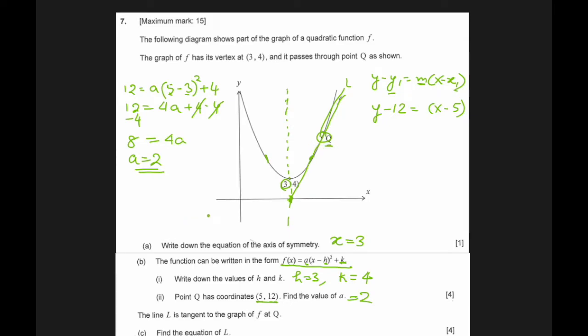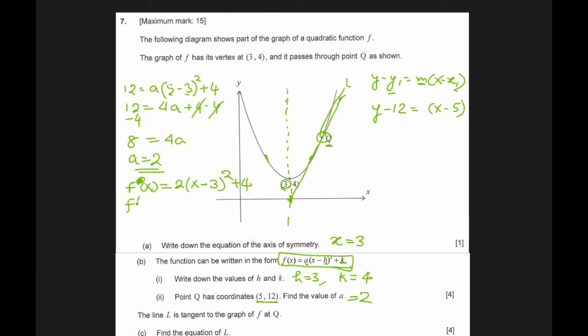To find the gradient, we will differentiate this function f(x). So f'(x) will be, a is known to us now, a is 2, times (x minus 3) squared plus 4. I'm not writing the prime yet because I'm not differentiating yet. Now I have to differentiate this.